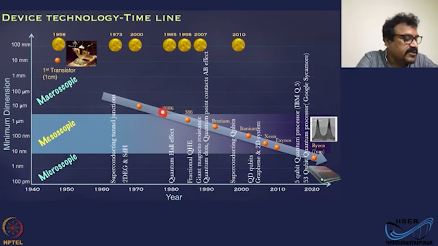This is a tremendous achievement, starting from the 1950s to 2020, over 70 years. A huge technological revolution has happened, mostly because of the understanding and development of microfabrication and transport phenomena.